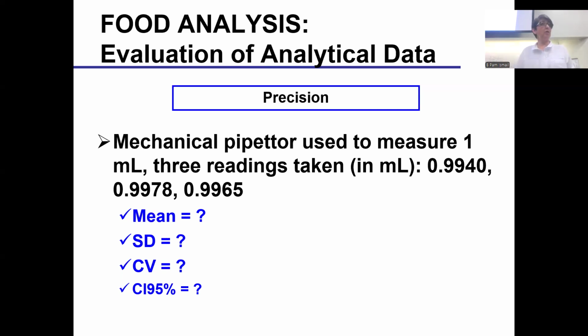Anybody? Standard deviation is taking what? Lukman? Zero, zero, 0.0014. So the standard deviation should be 0.001.